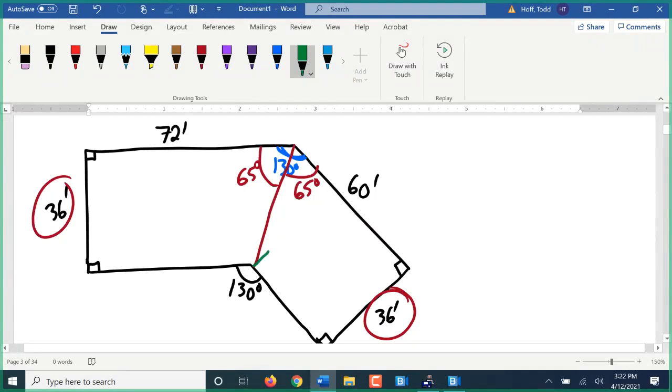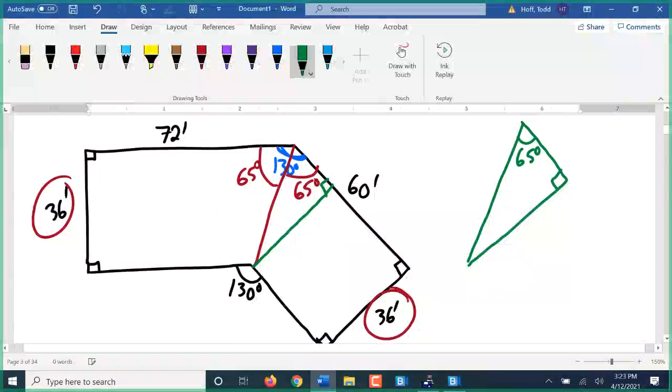That means I can cut across here like this and make that right triangle. Right angle, 65 degrees. Do I know any of the sides of that triangle? 36. Right there.